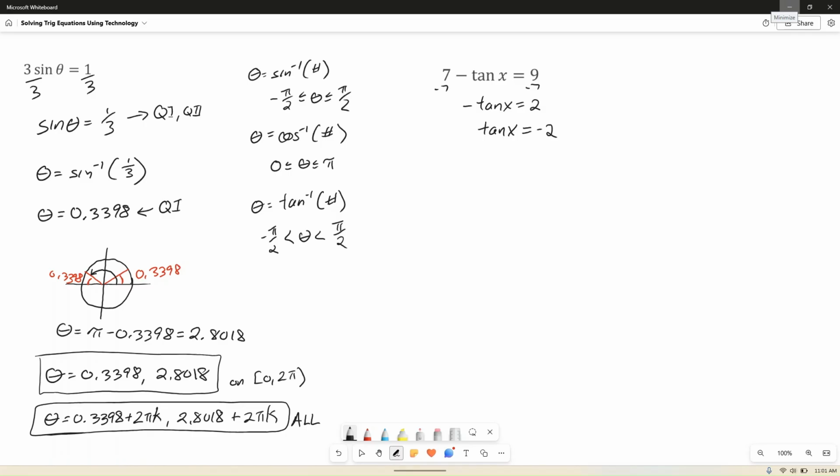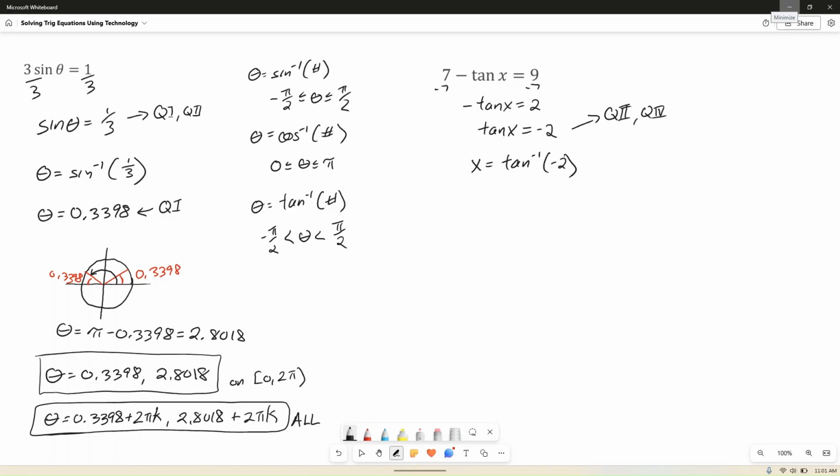But again, negative 2 is not one of our nice unit circle values, so we're going to have to do our inverse tangent. So to find this, x is equal to the inverse tangent of a negative 2. Okay, and again, remember, where is tangent negative? Tangent is negative in quadrant 2 and in quadrant 4, right?